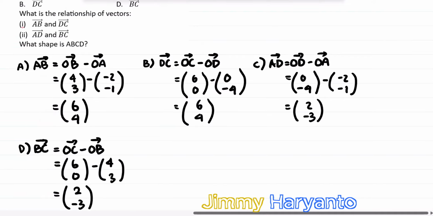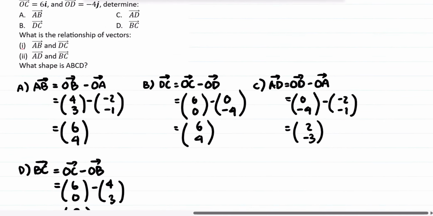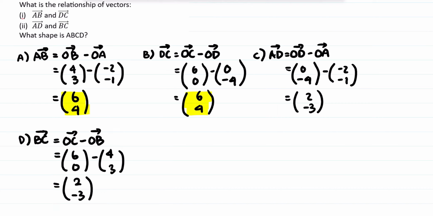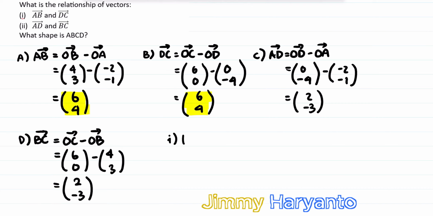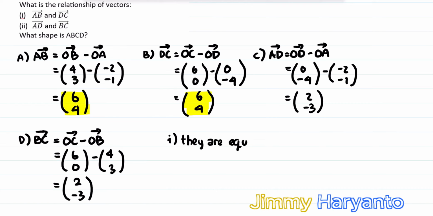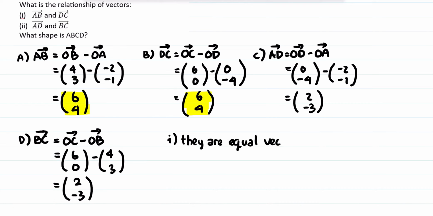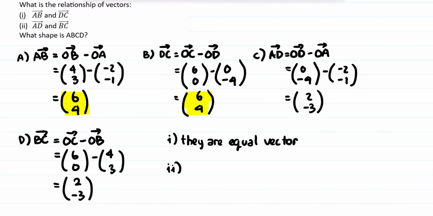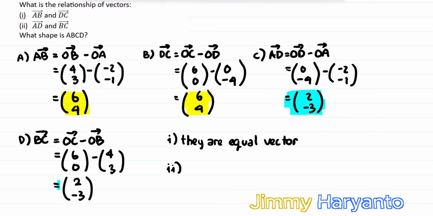Okay, what is the relationship between vectors AB and DC? AB and DC, they are equal vectors. How about part II? In II, we have to determine the relationship between AD and also BC.